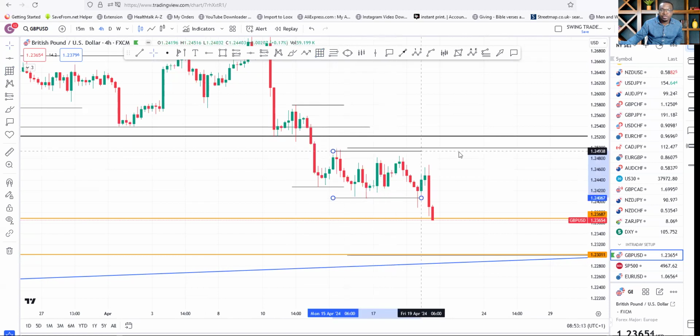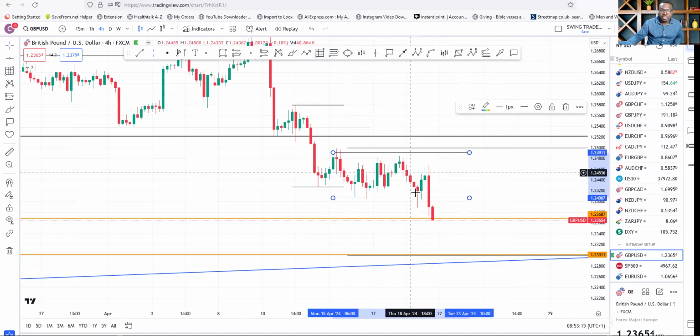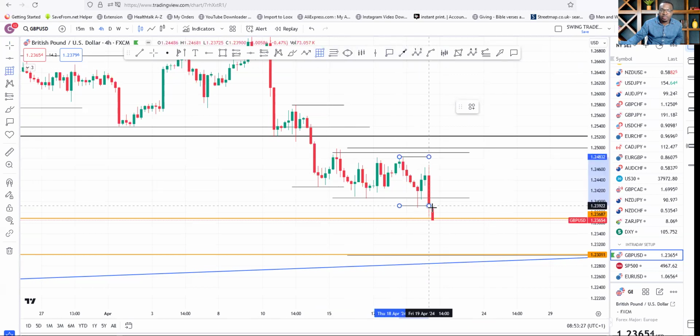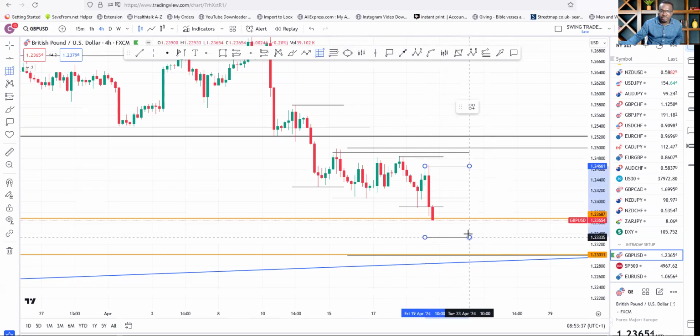And then if you stretch this out, you will see that price came, took out liquidity to the lower side, pushed up again and dropped. So we can see that from here to here is a structure as well. There's a minor structure here, okay? And then price took out that low and gave us a lower low there. As you can see, there's a lower structure over here. Price is still dropping over there.